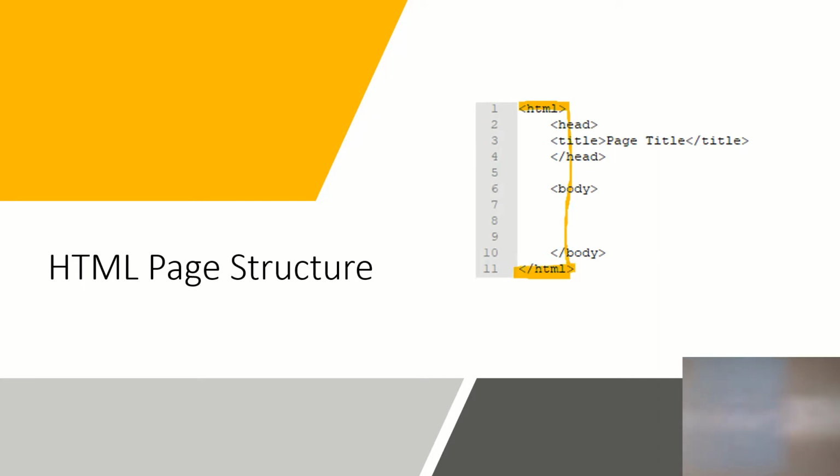HTML is the root of any web page we want to create. Head is for metadata we put here, and title is for the page title, for the browser title. Whatever we create inside of the web page, we put inside of the body.